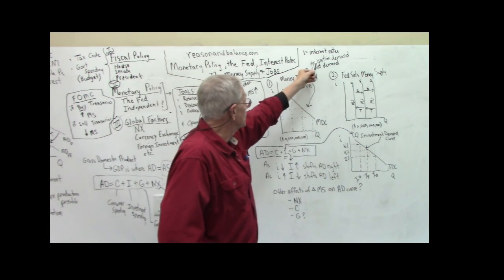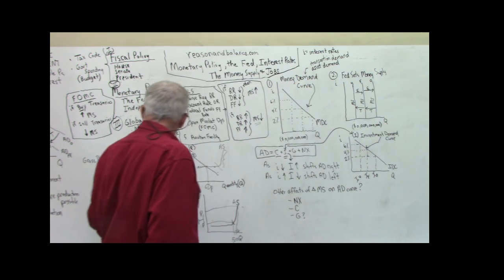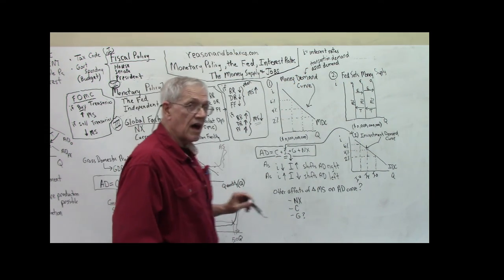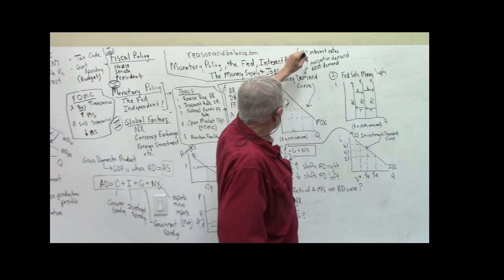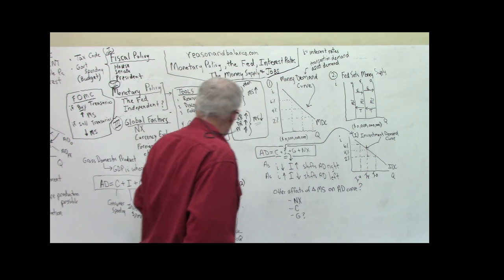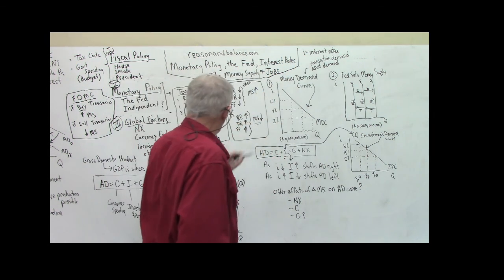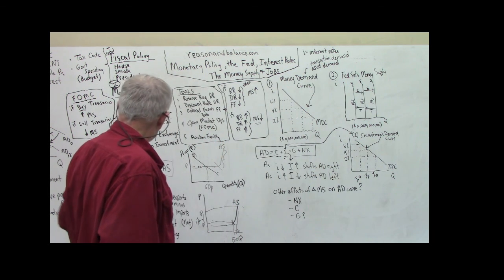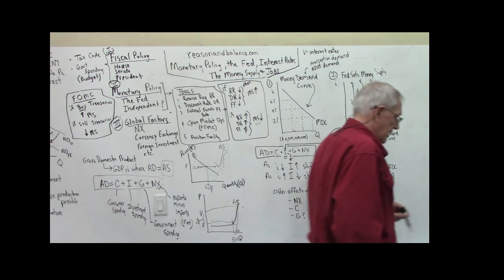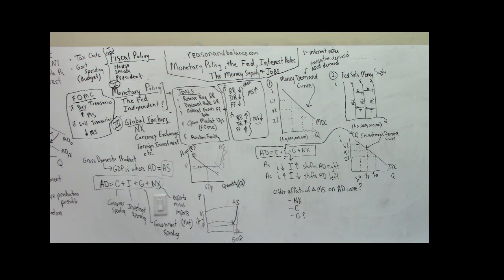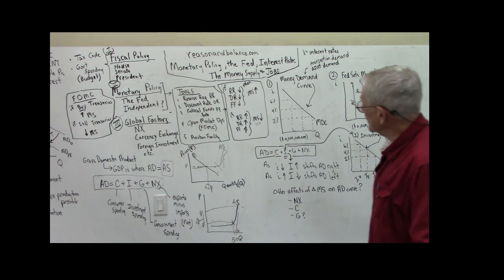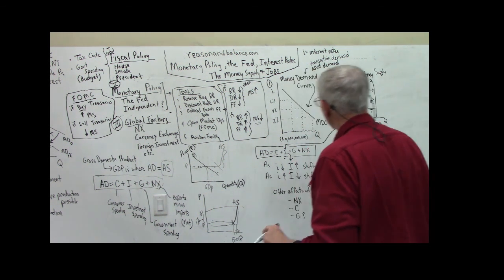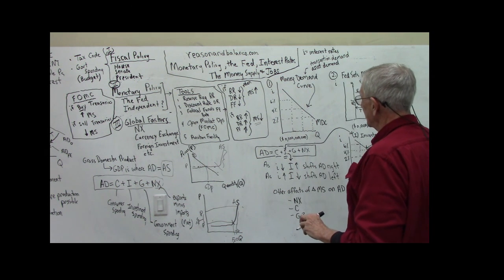And this demand curve is also affected by transactions demand, which again has to do with the level of the economy. And this is how we're going to tie in the money demand curve with AD, aggregate demand. As the economy heats up, there's going to be more and more quantity of money demanded.